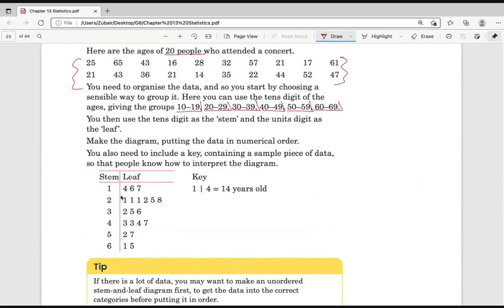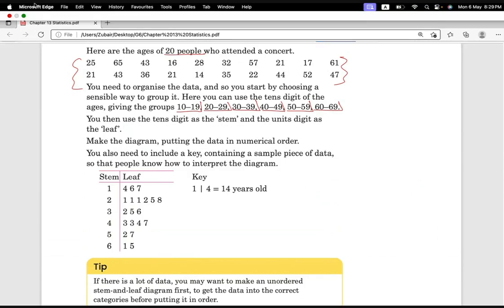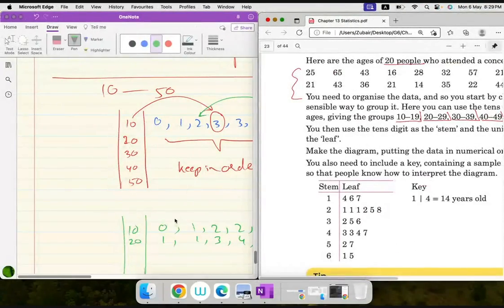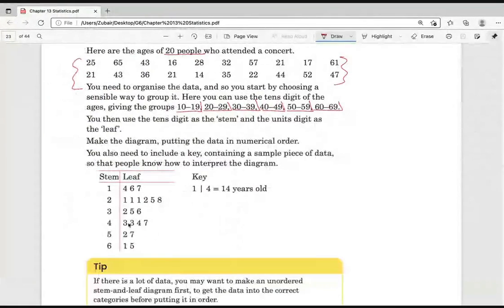And notice that they are written right above each other. I was separating them with commas, but there's no need for commas. So just write them above each other and you can clearly see which class has most values. So most of the people are from 20 to 29. That's the purpose of writing above each other.